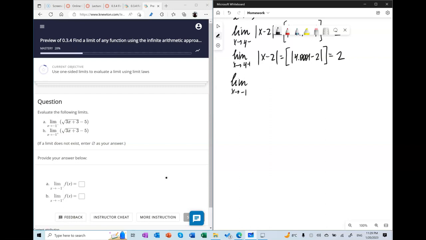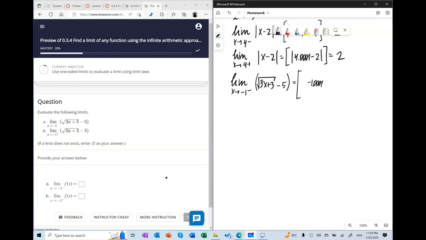X approaches -1 from the left of the square root of 3x plus 3 minus 5. So we're going to plug in something from the left. So we're plugging in -1.0001.